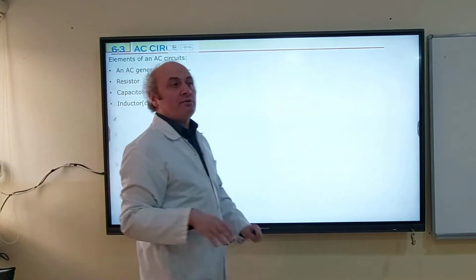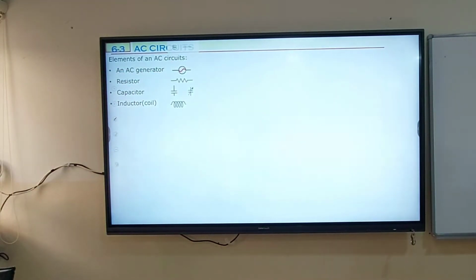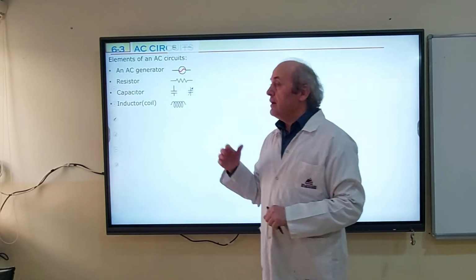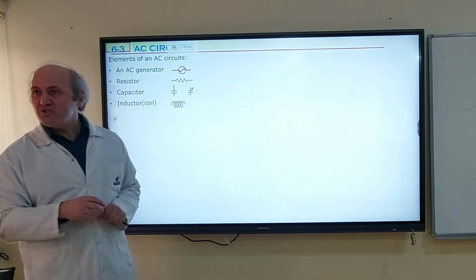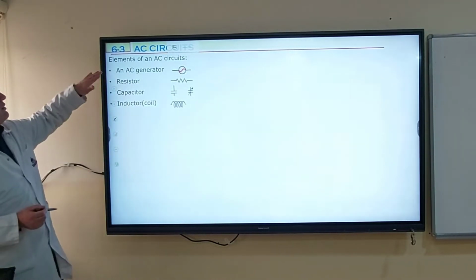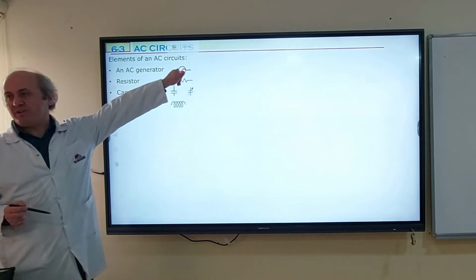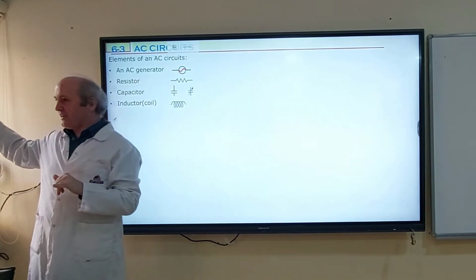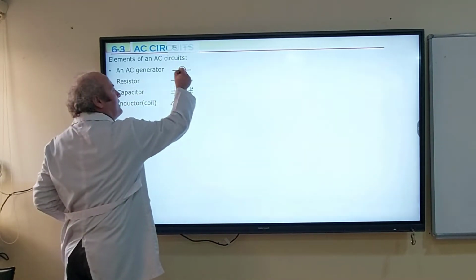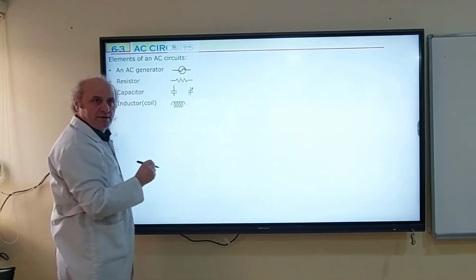In this section we are going to study some AC circuits, and these AC circuits will consist of some elements, some components. One of them is the AC generator. This is the symbol of an AC generator. This sign is representing alternating current.